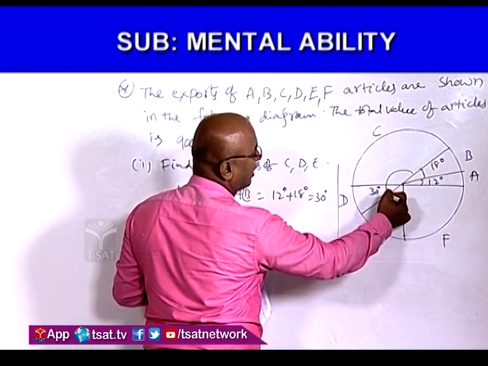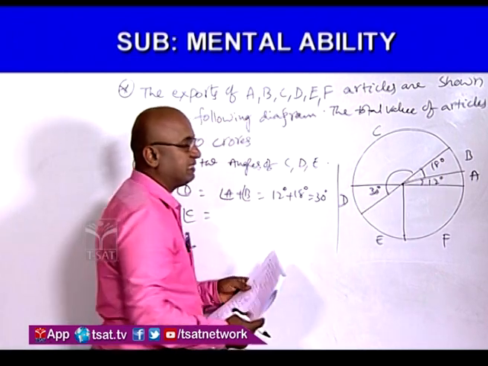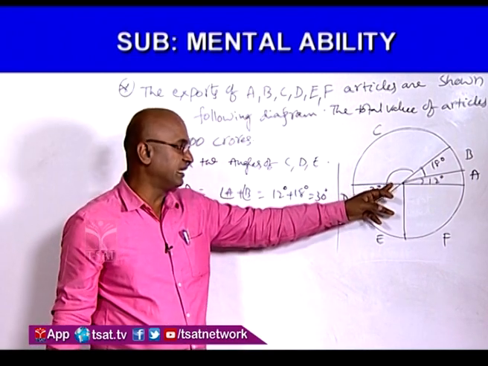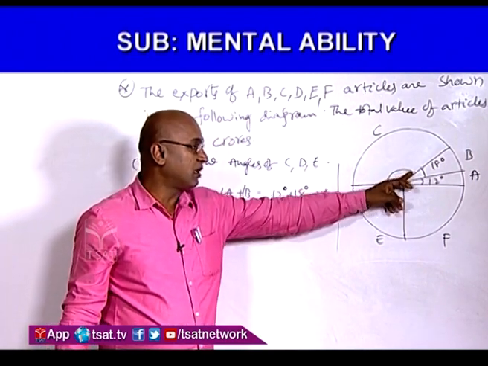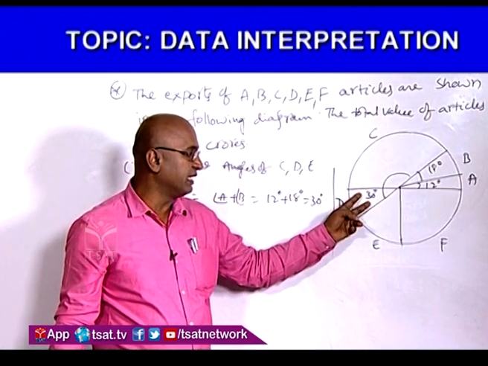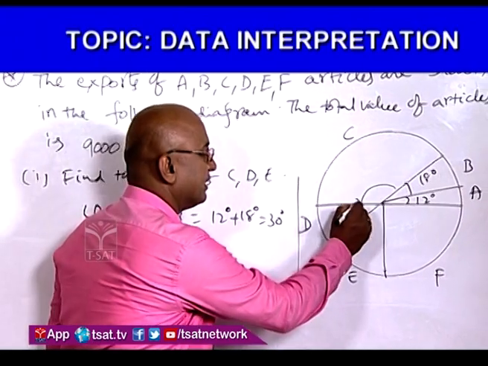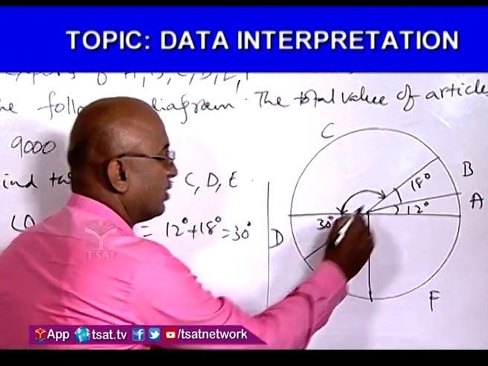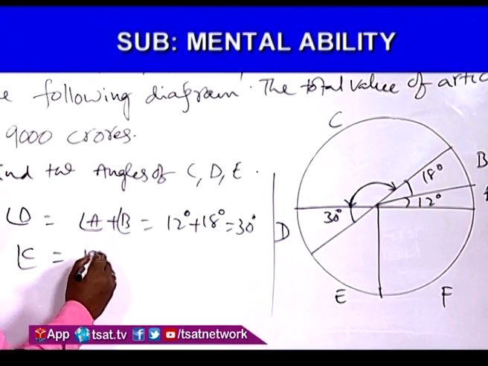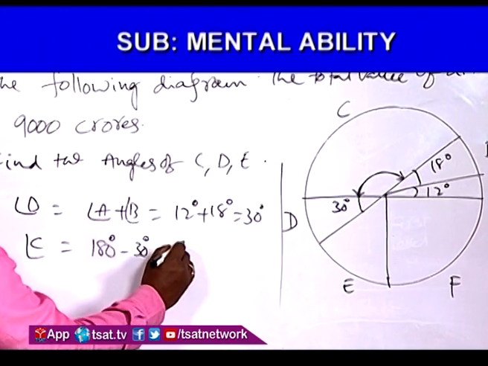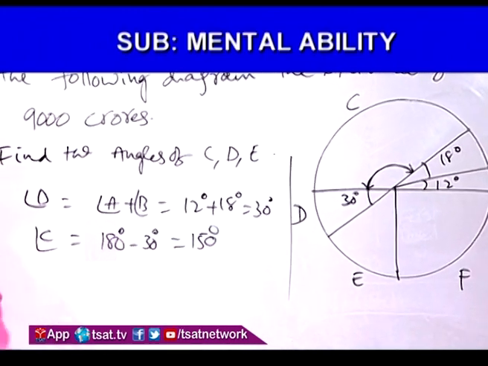The total angle in half circle is 180 degrees, 360 by 2. Now the total angle is 180 and this value is 30. If you subtract this 30 from 180, you will get the value of C. So angle C is equal to 180 degrees minus 30 degrees, that is equal to 150 degrees.